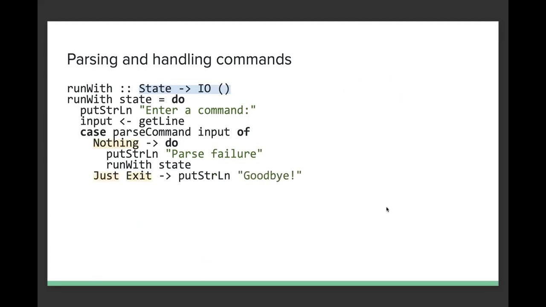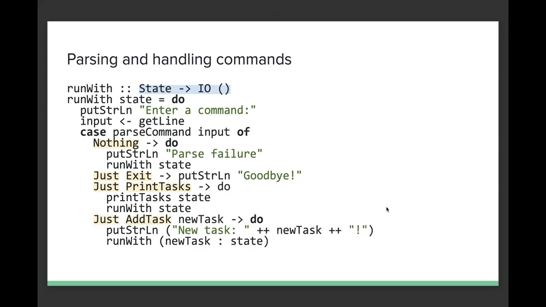If we have just exit, then we print goodbye and do not have any recursive call. If we have print tasks, then we print tasks and recursively call run. If we have add task, I forgot the parentheses, but again, you can imagine that I did not forget them.